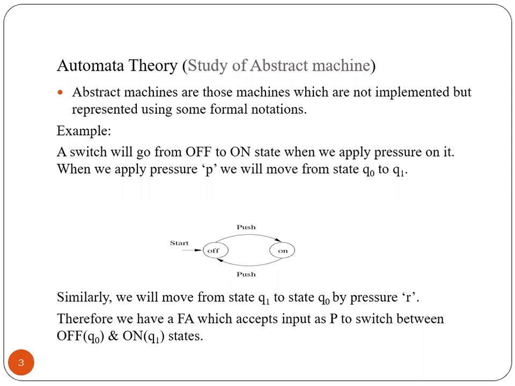So this is a simple example of an abstract machine. Push is an action, or you can say a pressure here. On and off represent states.